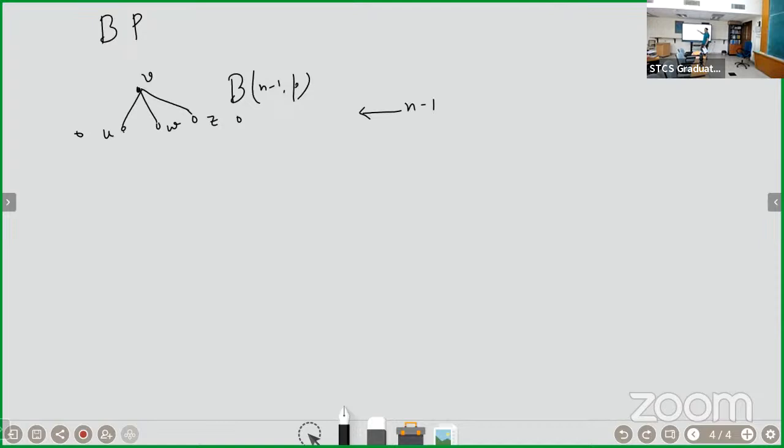There are n minus 1 nodes I could have been connected to; for a particular realization, let's say three of them are connected. Now what happens starting from U? Now you could be connected to W. So let's say another level of n minus 1 nodes. When I say level for that particular vertex, it excludes that vertex itself. So here V will be there, W will be there, Z will be there, except U itself.